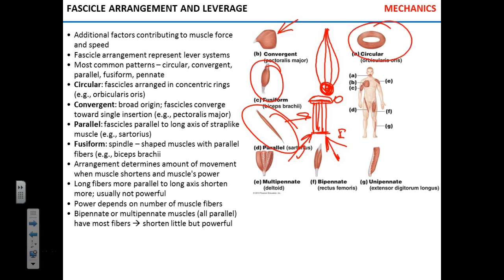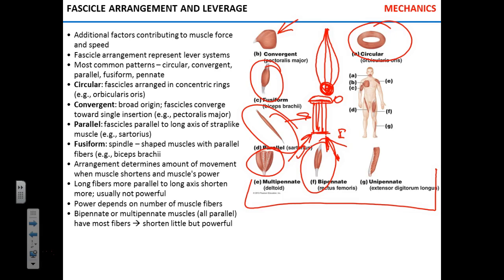Circular muscles are not so powerful. There are two circular muscles: orbicularis oris and orbicularis oculi. Pennate muscles: you have multipennate, multiple branches, multiple origins, one insertion site. Bipennate, rectus femoris: the central tendon is running through the entire muscle.